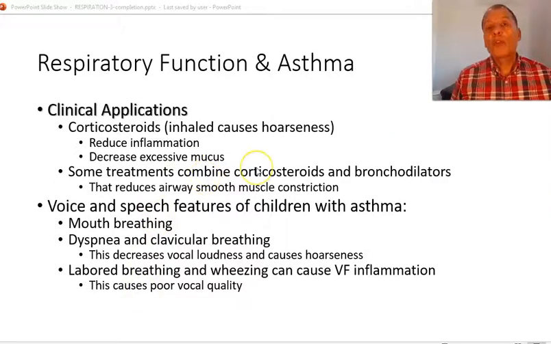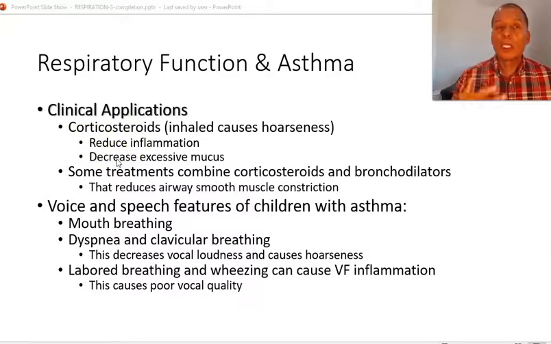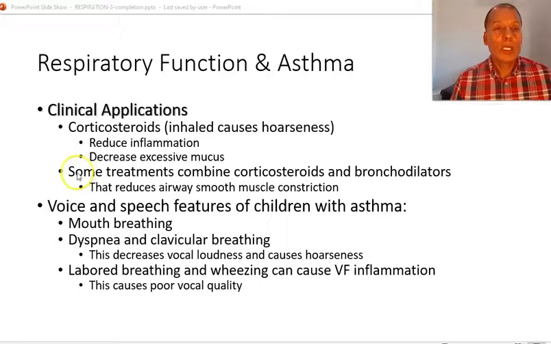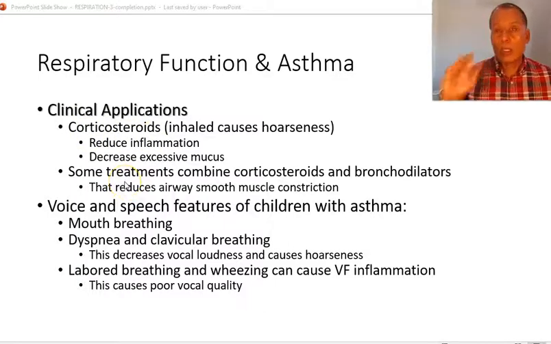In terms of the treatment, of course, there is medical treatment that we as speech-language pathologists have nothing to do with. The physicians give the appropriate treatment. We just deal with the symptoms that have to do with voice or voice abnormalities. So the physicians administer corticosteroids, like inhalers and so on.